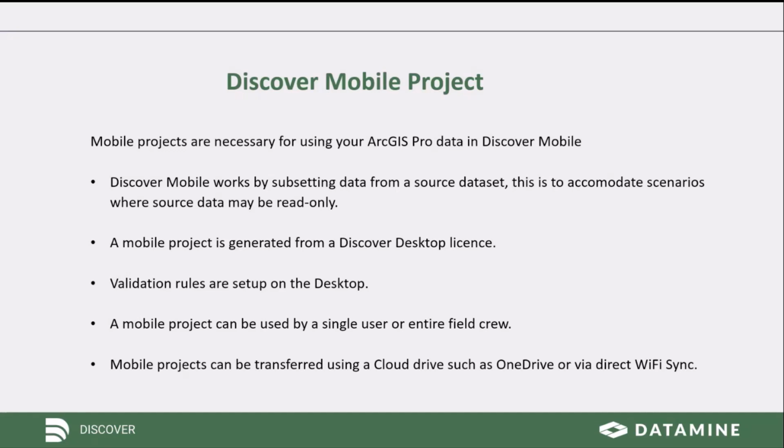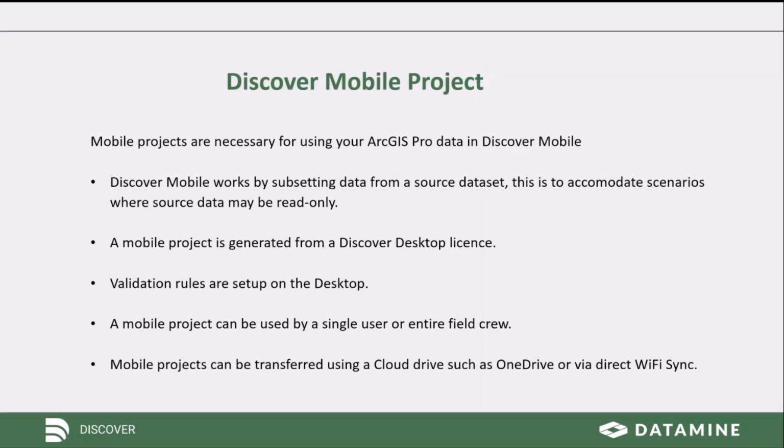A mobile project is generated from a Discover desktop license. Before, I might have mentioned that I said it was free. It's free to download from the app stores, but you need to have the Discover license in order to manage and create the projects. But you can have as many Discover Mobiles installed out in the field for your field crews.